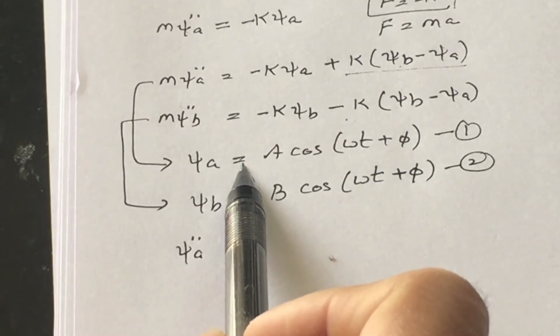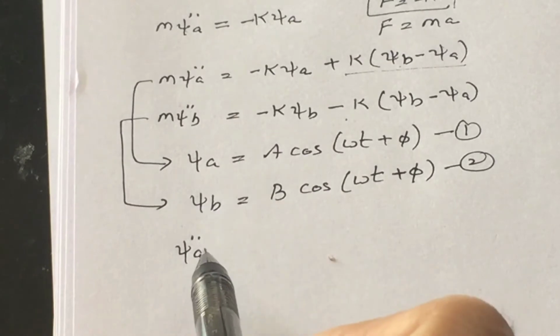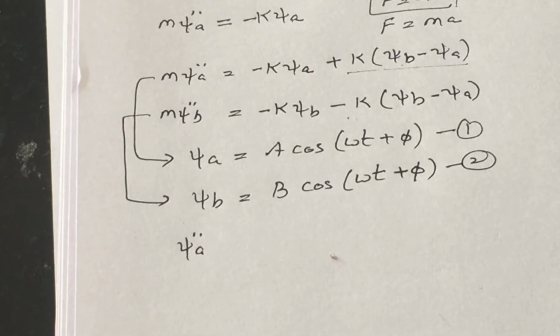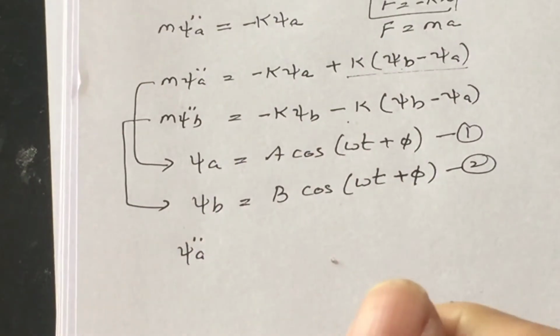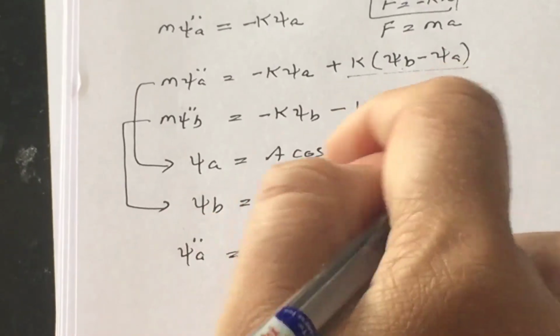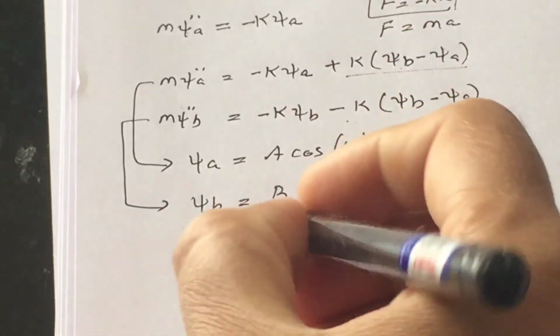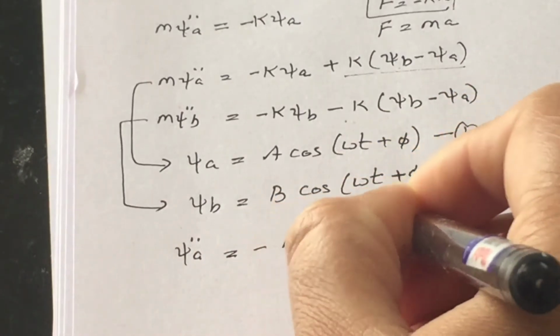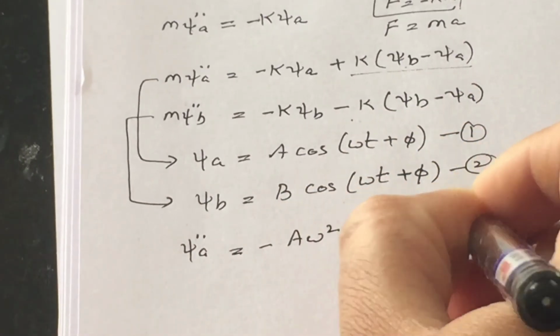Again differentiate with respect to time, you will get acceleration, and now you will have a omega square with negative sign times cos omega t. You can calculate it by yourself. You will find that the acceleration will involve cos omega t plus phi.